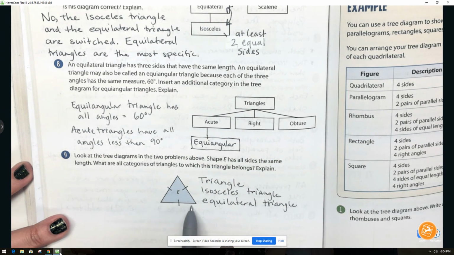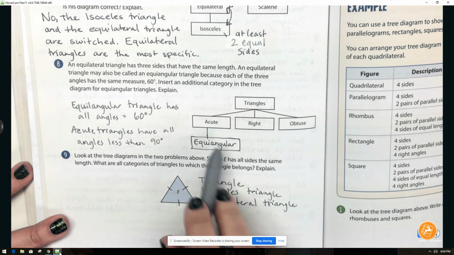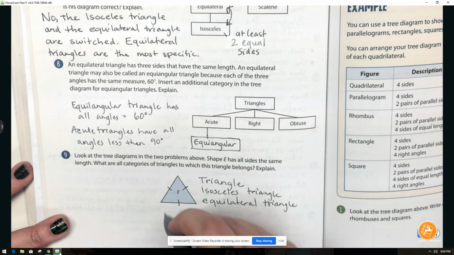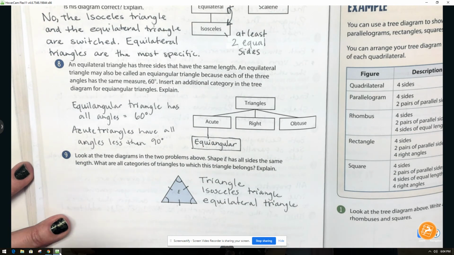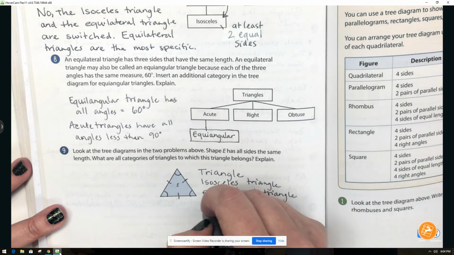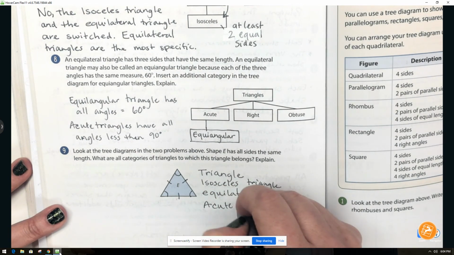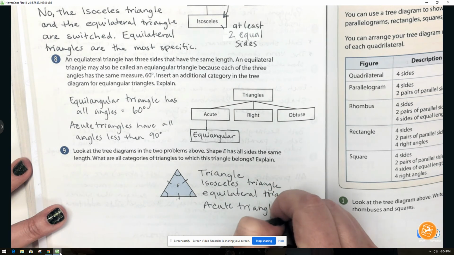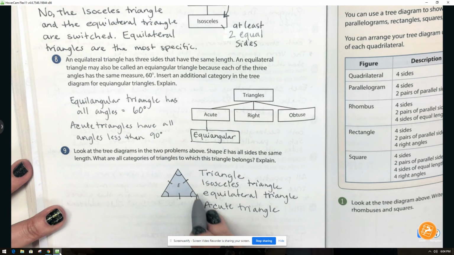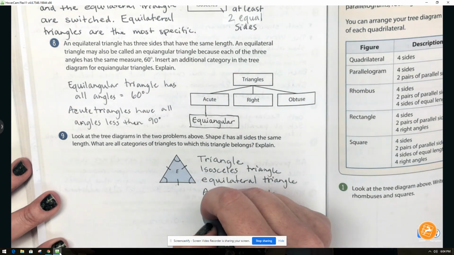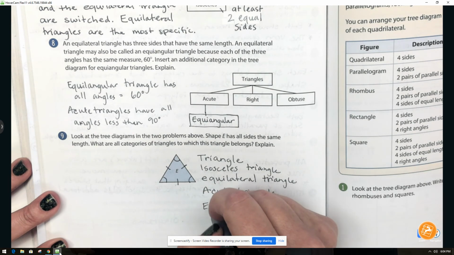Well, there's no right angles. There's definitely no obtuse angles because it would need to be much larger for that, but they are all definitely less than 90 degrees. So it can be an acute triangle. And then because all three sides are equal, that tells us that also all three angles are equal. So it can also be an equiangular triangle.